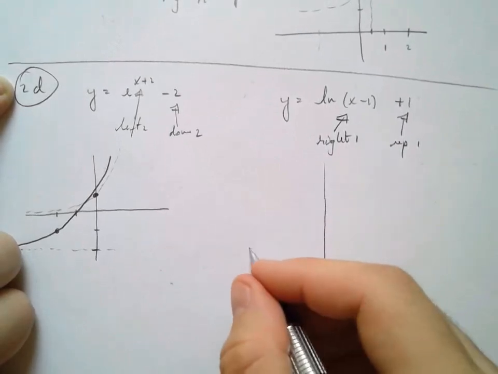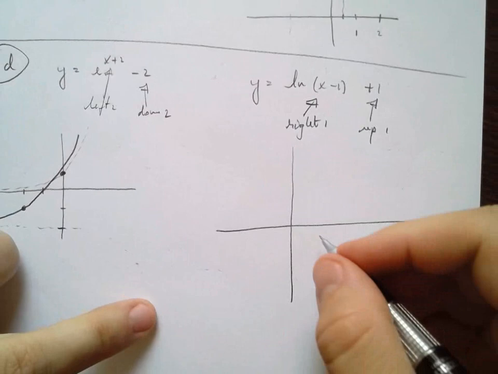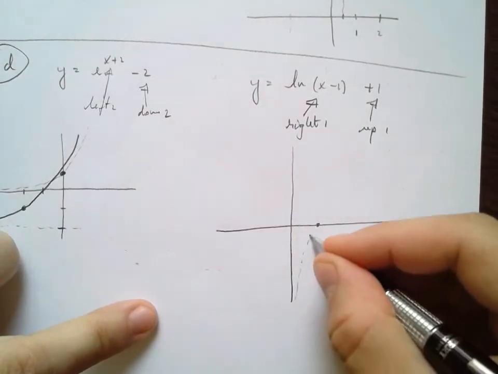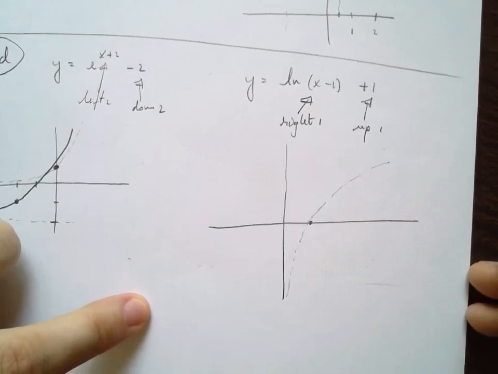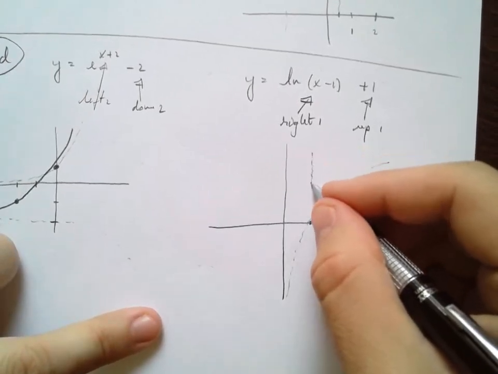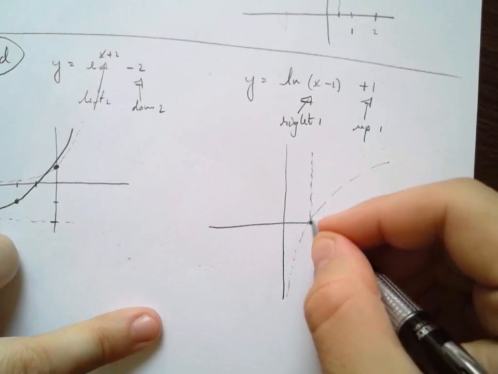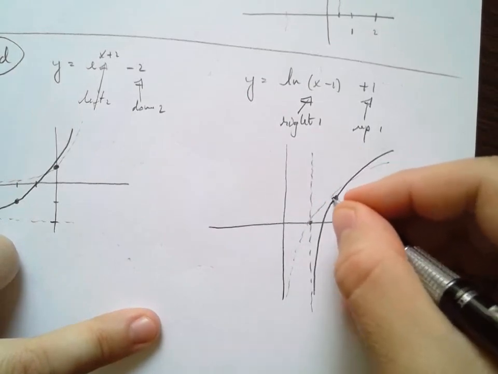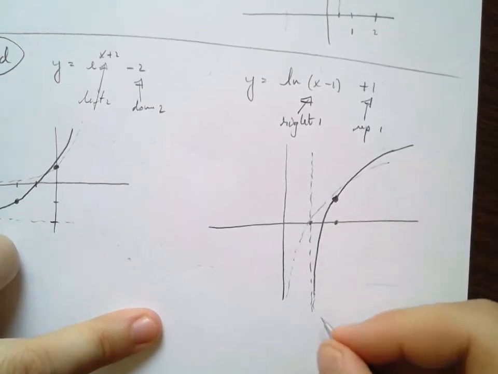So I'll go ahead and draw the baseline graph of ln of x. I'll just draw it dotted so it's not too visible. And now I'm going to move this to the right 1 unit, which means the asymptote moves, so it's going to cross that point now, just like that, and it's leveling off in this direction.